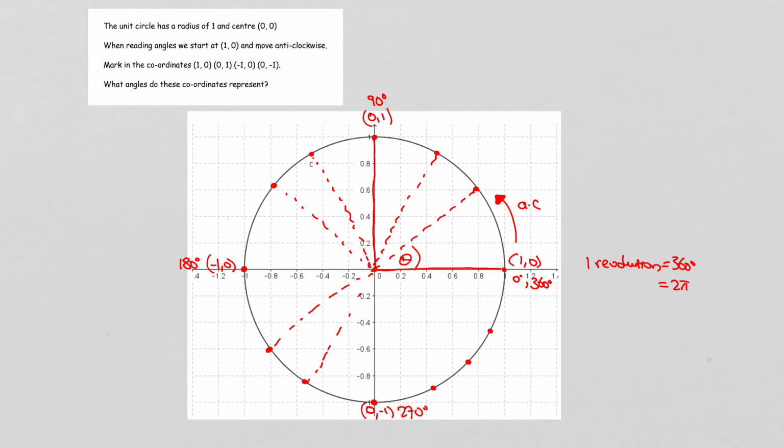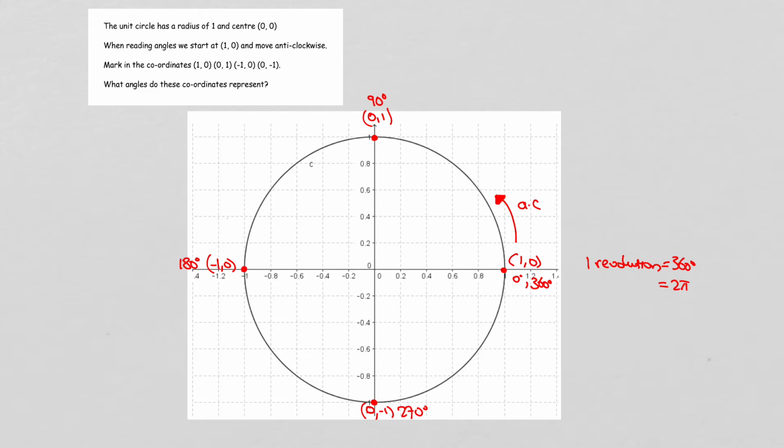So let's remove all of those lines. And if we just focus on those 4 points where I've moved 90 degrees, so from 1, 0 to 0, 1, and from 0, 1 to -1, 0, and from -1, 0 to 0, -1, and from 0, -1 back to 1, 0, I can see I've moved 90 degrees each time.